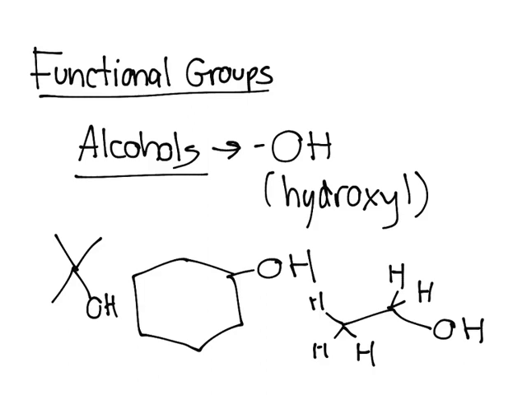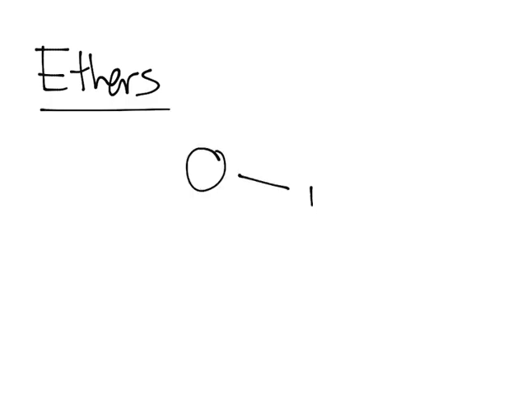The next functional group we have is called ethers. This has an oxygen bonded to two alkyl groups, with lone pairs there. The R's, R1 and R2, aren't necessarily the same. They could represent anything really, but in the case of an ether, the R would not represent a hydrogen, or else that would be an alcohol.